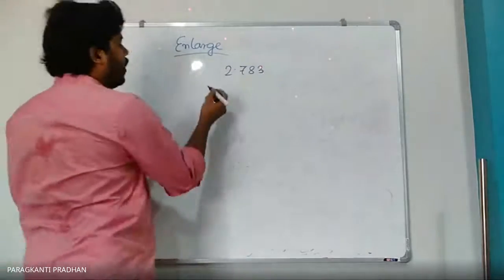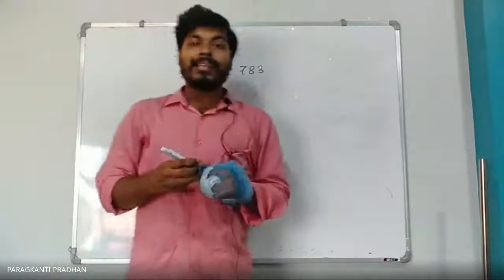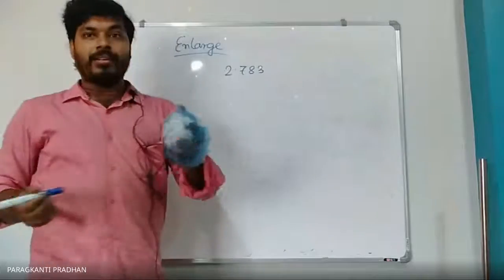Okay, so at first you have to write that the point 2.783 lies between 2 and 3.